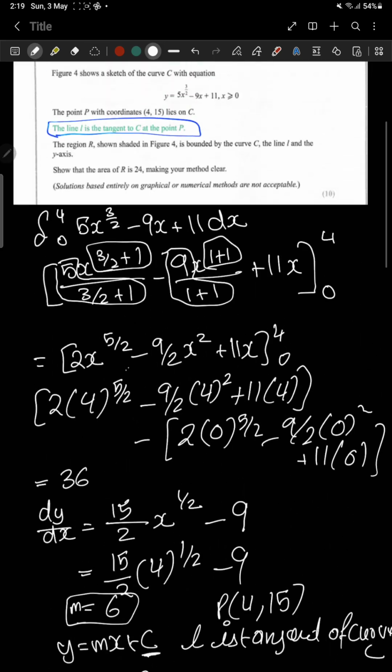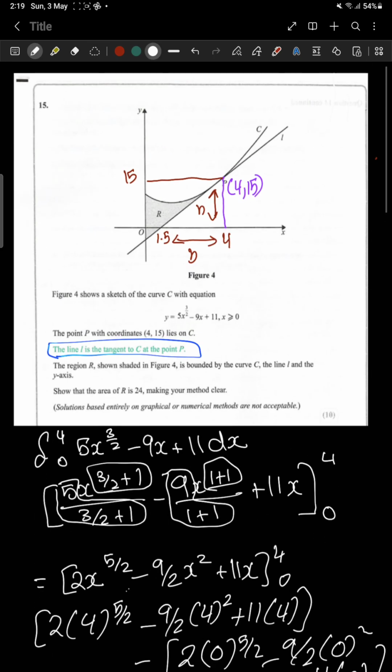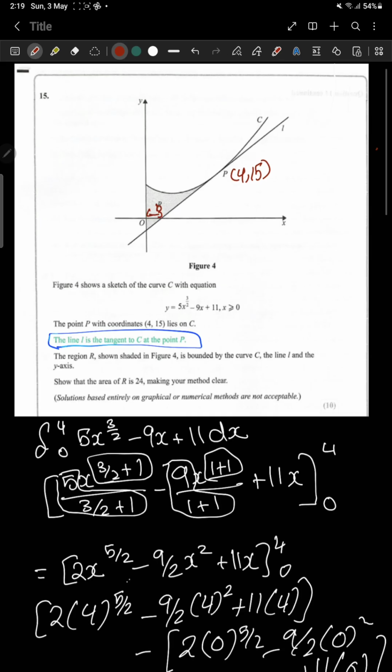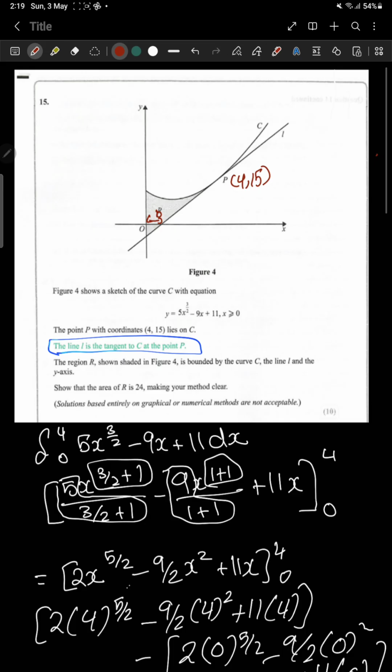Now we need the full area. Remember, there is still a small triangle left over here. I'm going to clean the things off over here. For this area, we need this little base and this little height.